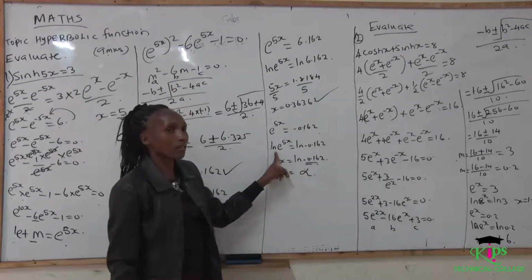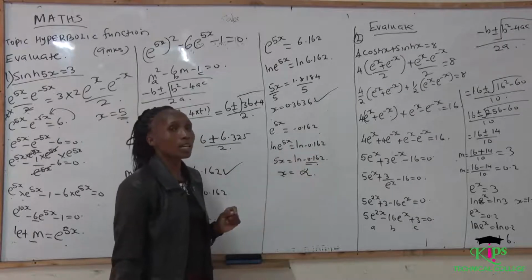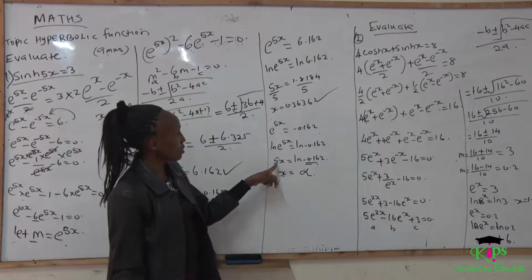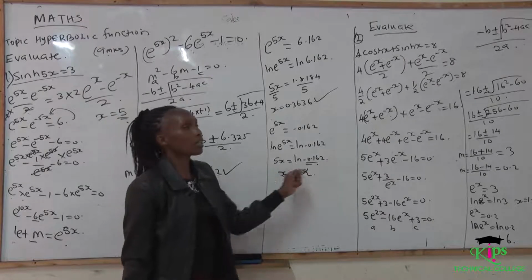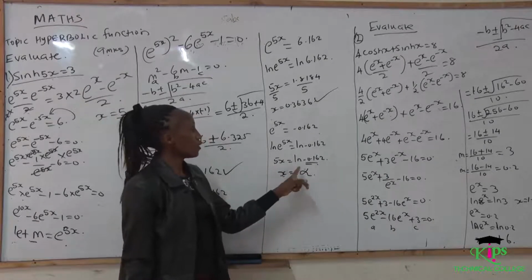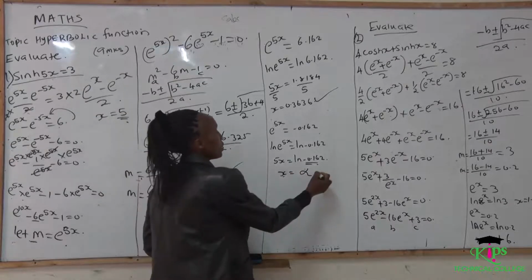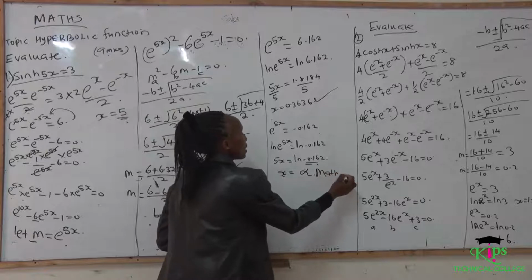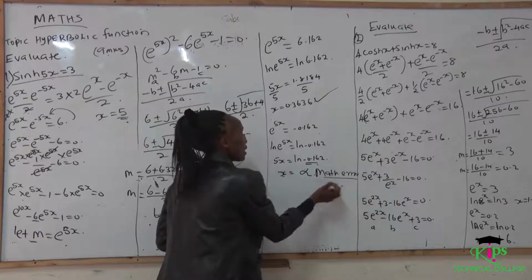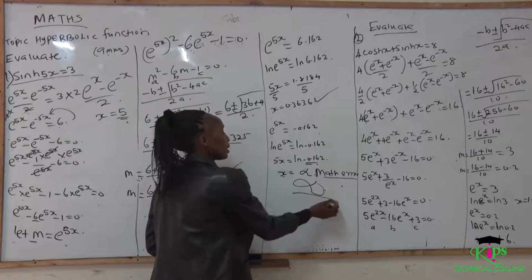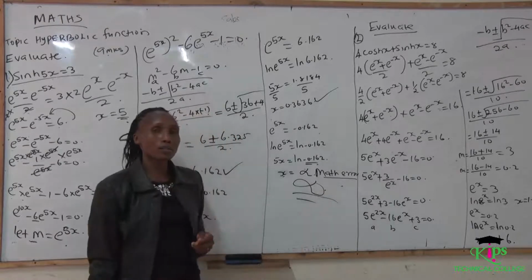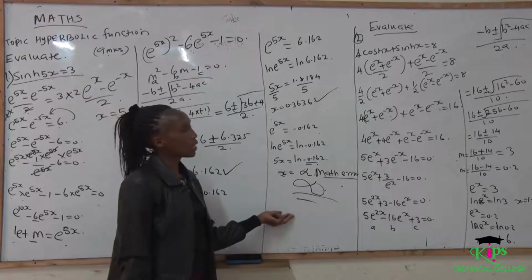We introduce a natural logarithm at the other section. That means you have 5x is equal to the natural logarithm of that value. So if you get the natural logarithm of a negative value, it can say math error. A math error is infinity. That means that value is too high and you cannot calculate it using your calculator.